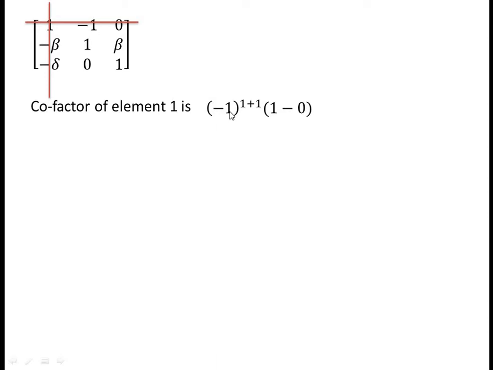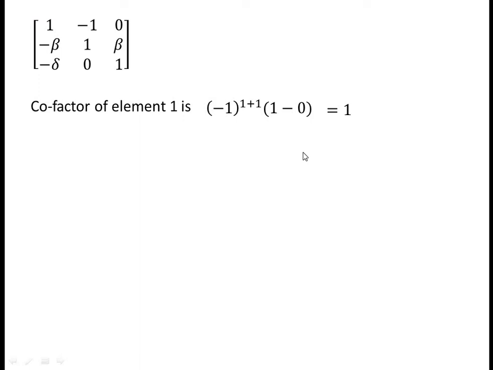Now the cofactor of element 1 is minus 1 to the power 1 plus 1, because this 1 is in the first row and first column, into 1 into 1 is 1 minus 0 into beta is 0, so that is equal to 1.